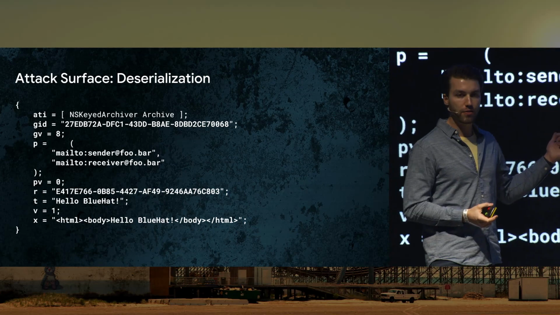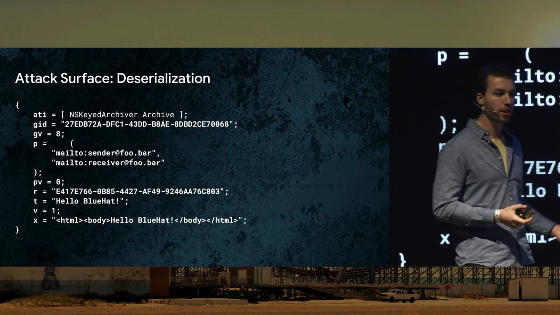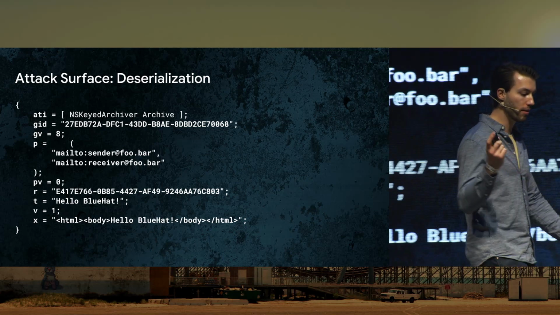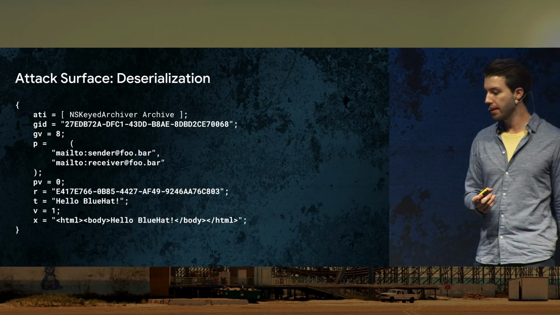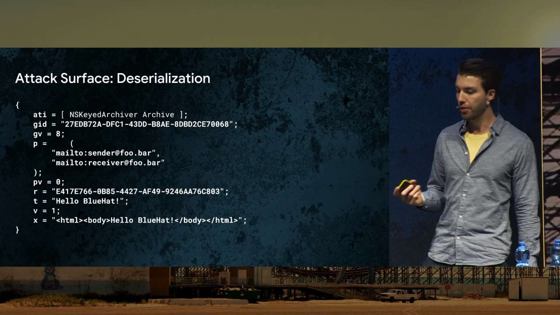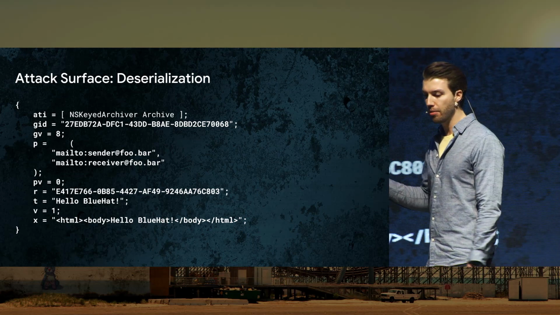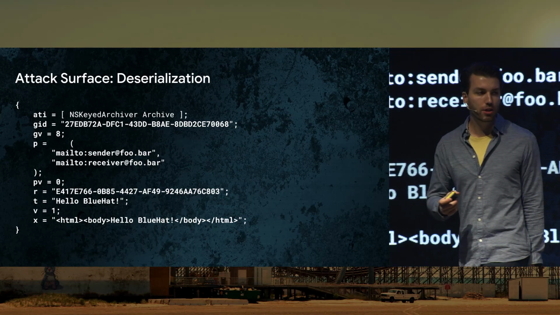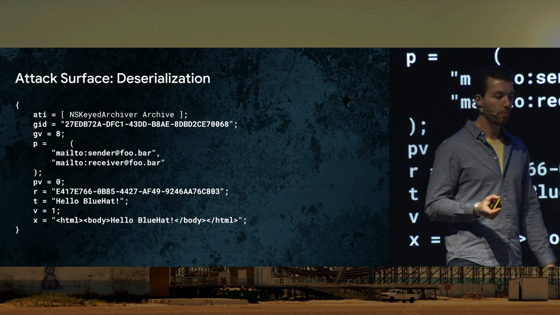I guess some of these fields will make immediate sense, like P, that's the participants. In this case, it's a two-person chat. T, that's the plain text message, like hello BlueHat. There's what looks like HTML in the X key, but it's not really HTML. It's parsed as XML.